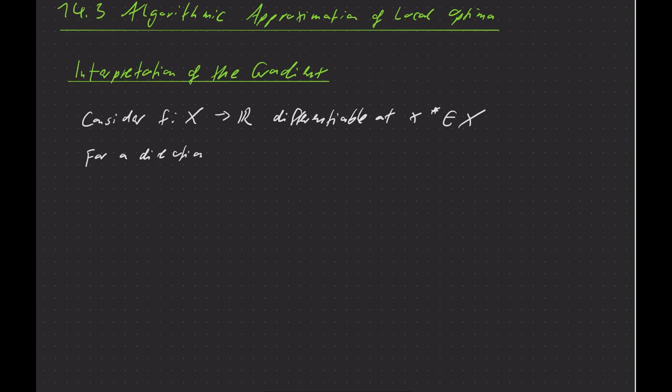For a direction v, that's just any vector in R^n with the exception of the zero vector. And let's say we normalize v, so the norm of the direction should be 1, meaning the length of a direction will not influence the directional derivative. Okay, so we normalize to 1. And then we look at the directional derivative.